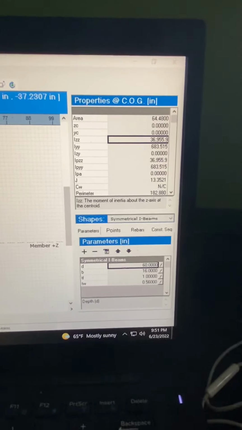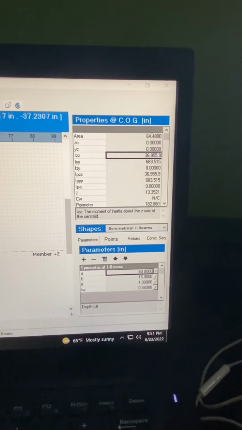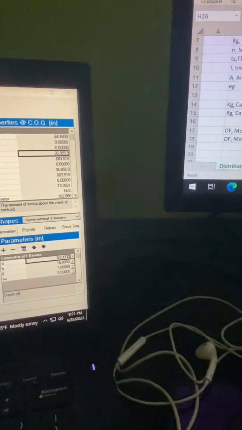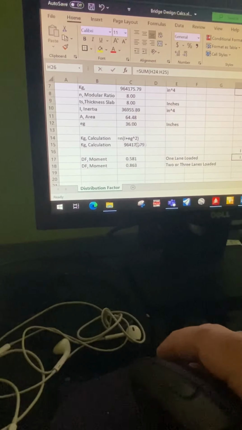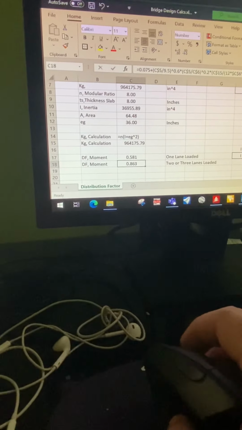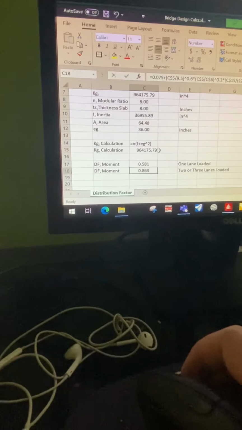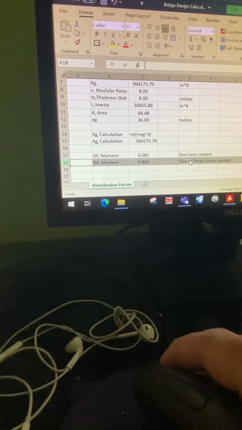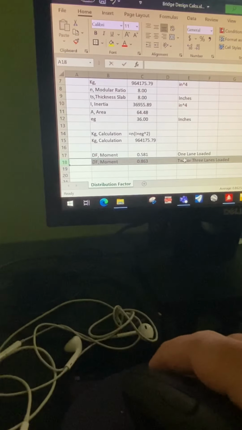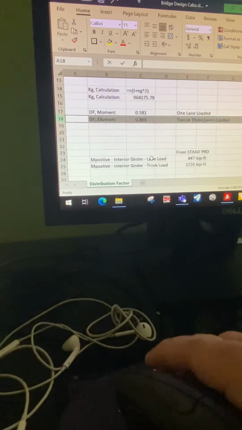We need this calculation to come up with the distribution factor. So based on the distribution factor calculation, after we calculate all the section properties, we have the distribution factor for 2 or 3 lanes loaded, 0.863.